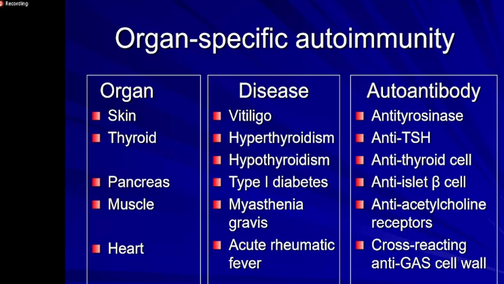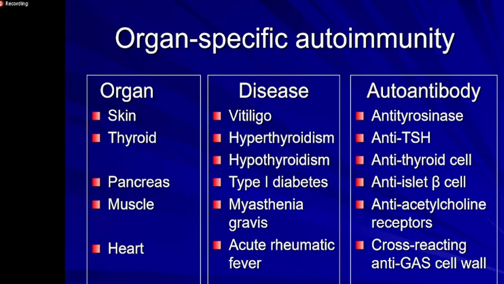So you can make a diagnosis after you have done the clinical examination. You've established that yes, there is vitiligo, and then you bring a specimen and you can identify the antibodies. If you have a condition of hypothyroidism or hyperthyroidism, you bring a blood specimen, and we can test for anti-TSH and anti-thyroid cell antibodies.